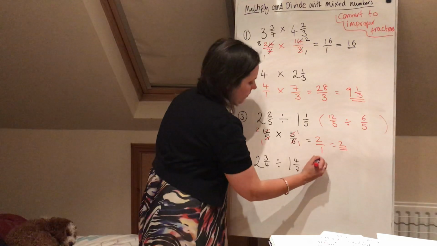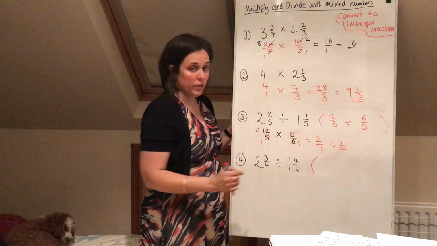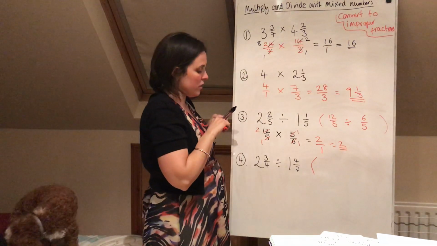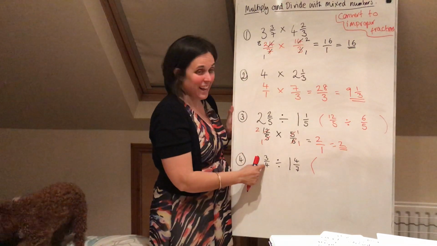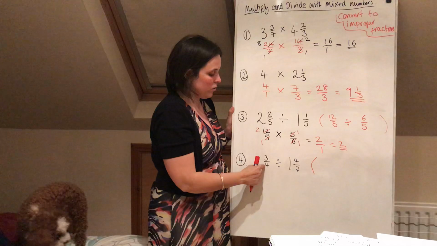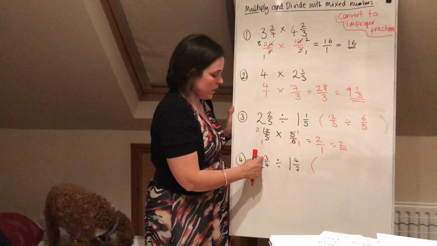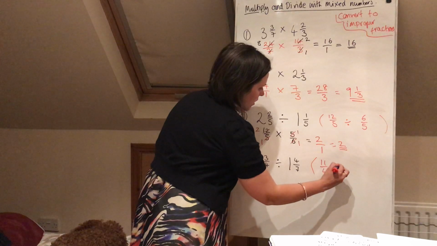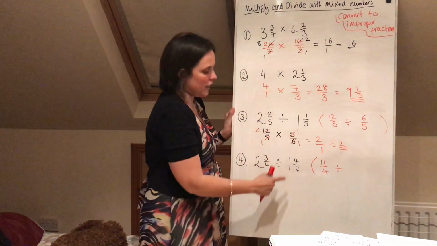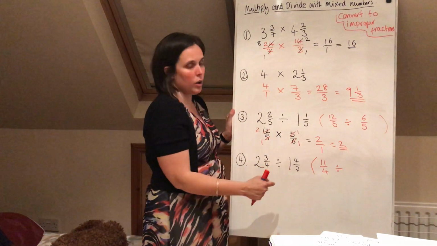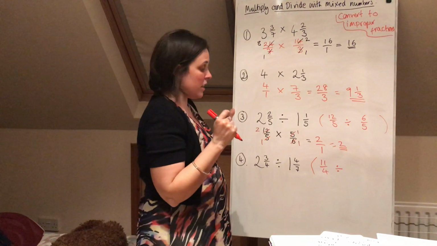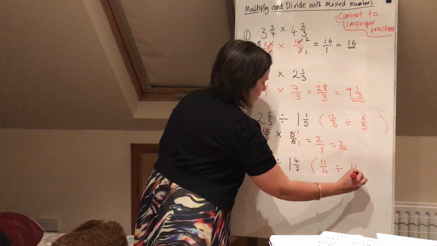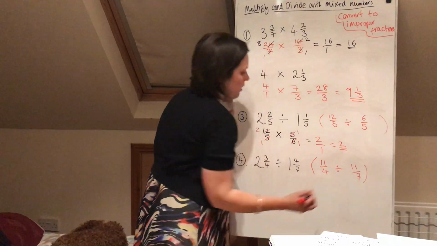Lastly then, again converting these first, you must do that first, change into improper fractions. So 2 whole ones is 8 quarters, plus the 3, we have there 11/4, divided by, this time we have 1 whole one, which is 7/7, plus the 4 is 11, so we've got 11/7.